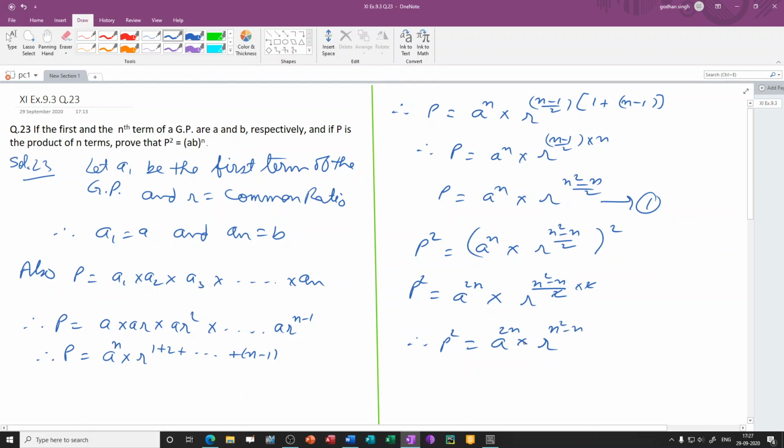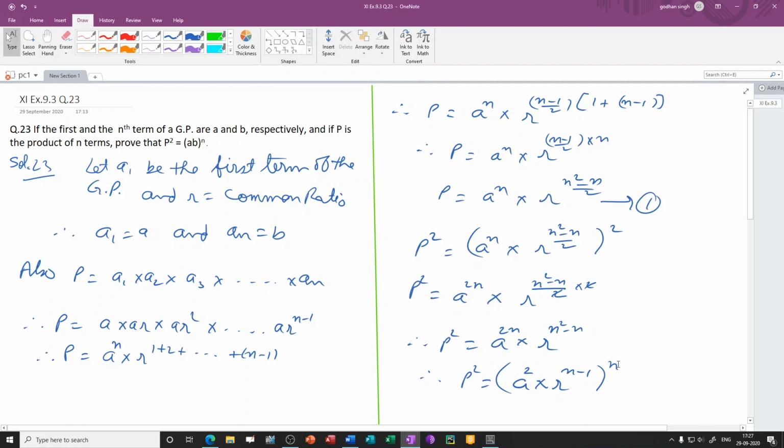Now from both we can take out n common, so P square equal to A square into R raised to n minus 1, and outside we can take this as n.